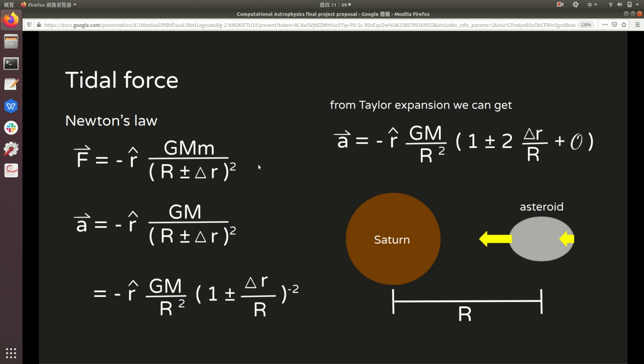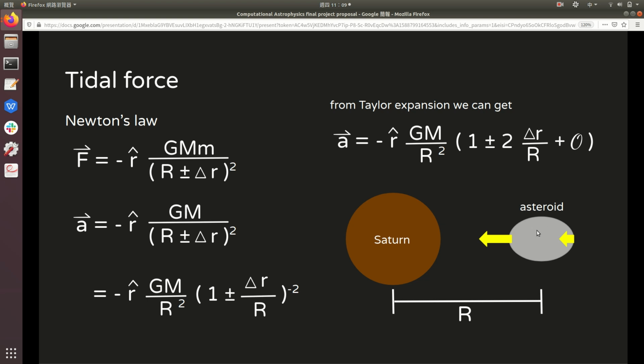Here G is the gravitational constant, and the capital M is the mass of Saturn. The capital R is the distance from Saturn's center to the center of the asteroid. And the delta R is the small distance between the location where we are calculating and the center of the asteroid.